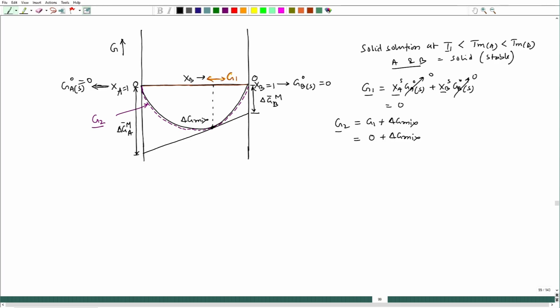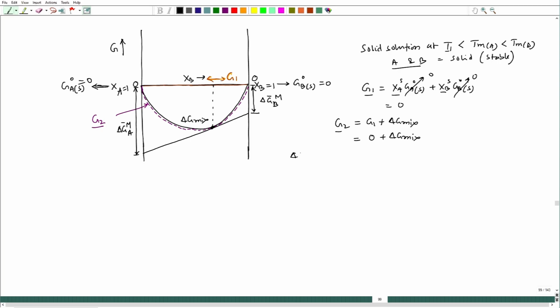If you go back to previous lectures, you can find out how we did that graphically. That tangent over any point of delta G mix, wherever it cuts the pure conditions x A equal to 1 and x B equal to 1, from 0 till that point, that particular value is considered the partial quantities of A and B when they are mixed in the solution.